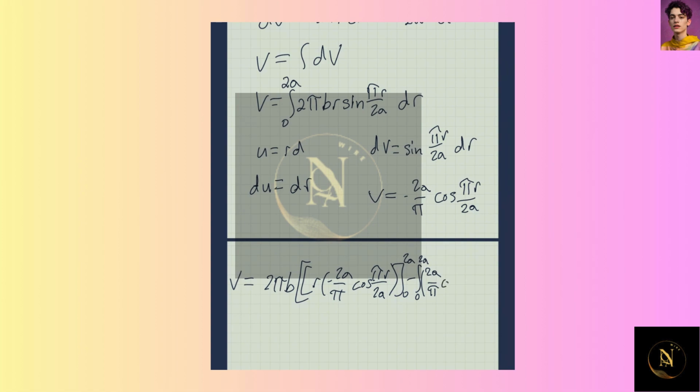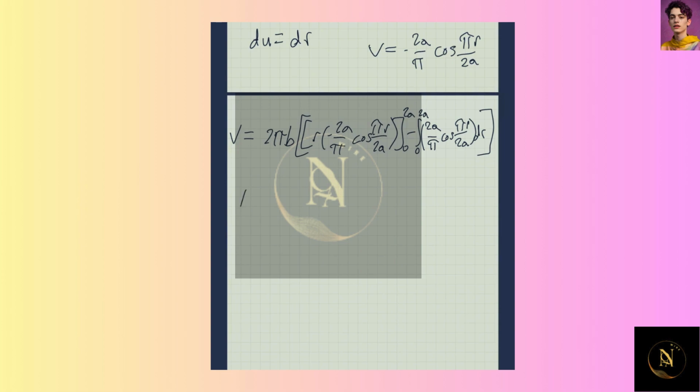Then we can subtract the integral of v du. And plugging in 0 to 2a for this first part, you get negative 2a over pi times a negative 2a.